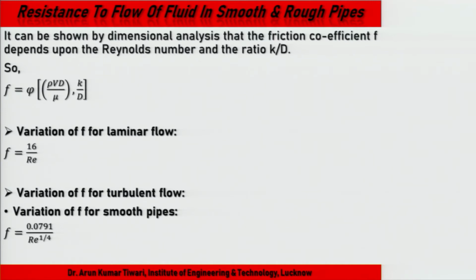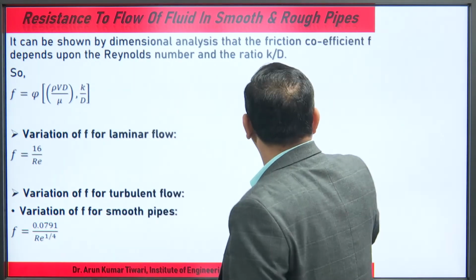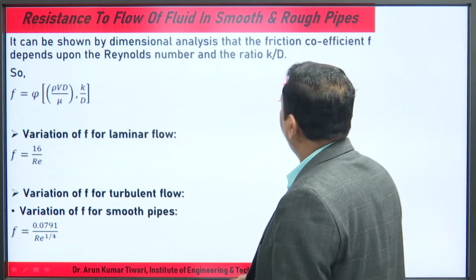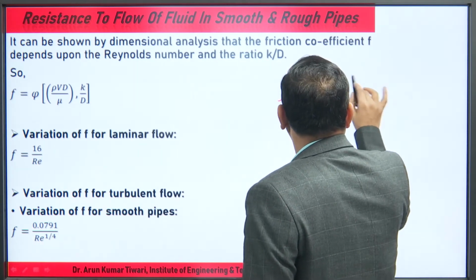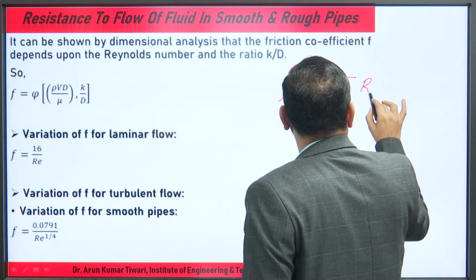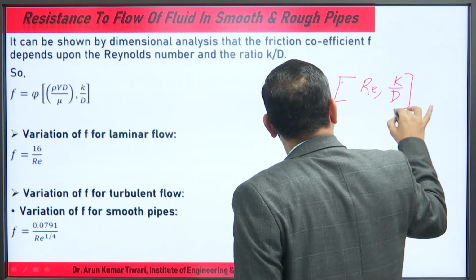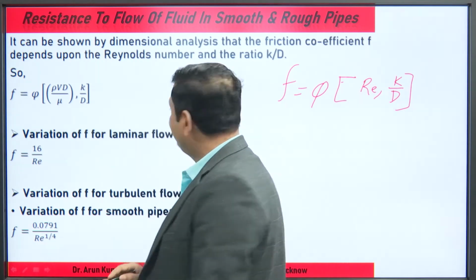It can be shown by dimensional analysis that the friction coefficient, f, is a function of the Reynolds number and k upon D, the surface roughness.